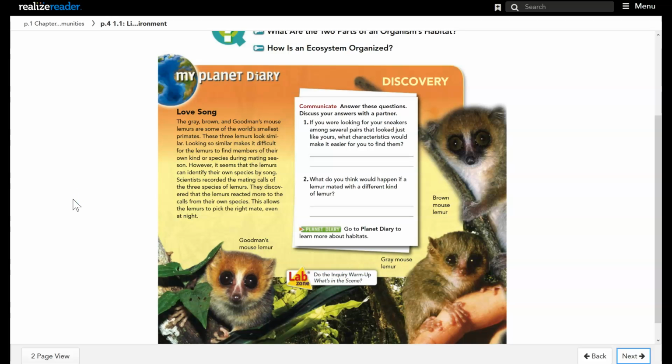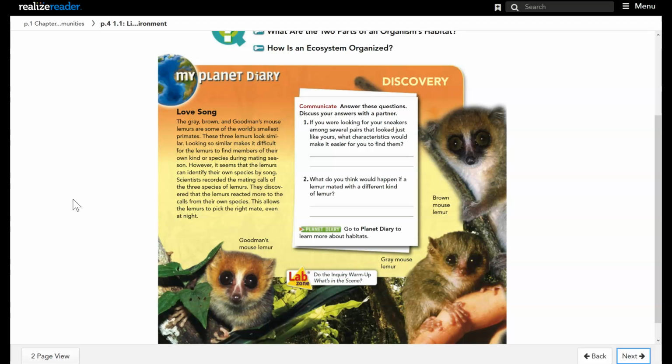My Planet Diary. Love song. The gray, brown, and Goodman's mouse lemurs are some of the world's smallest primates. These three lemurs look similar. Looking so similar makes it difficult for the lemurs to find members of their own kind or species during mating season.